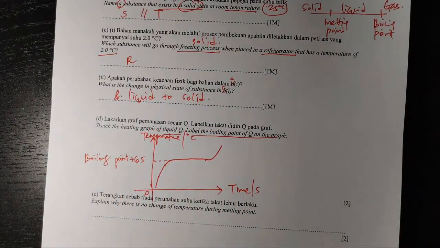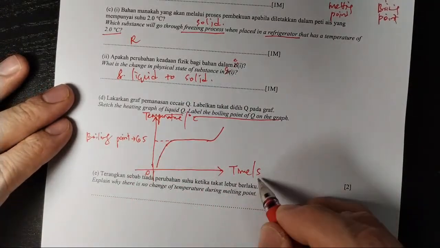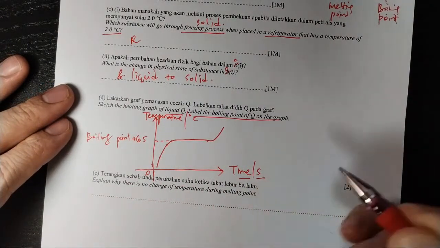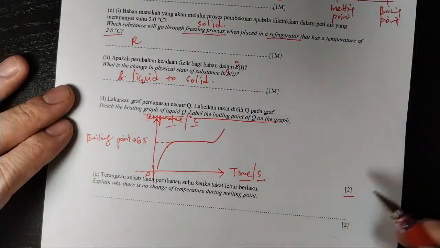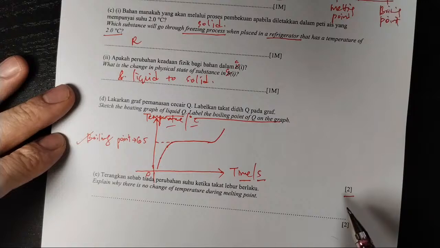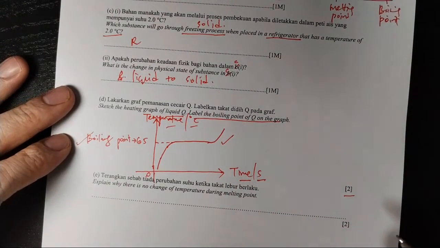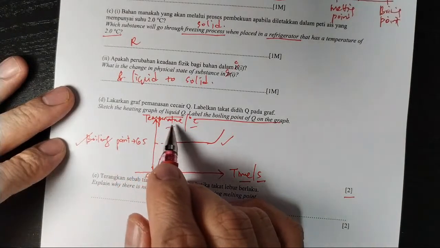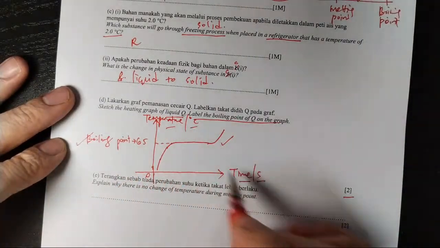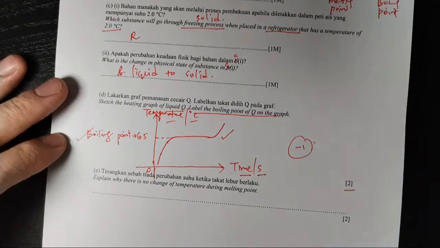All need to be labeled here. Time unit, 2 marks. This one 1 mark. Then the shape, 1 mark. Then label with the unit. Must be correct. If not, will be minus 1 mark for not labeling the unit.